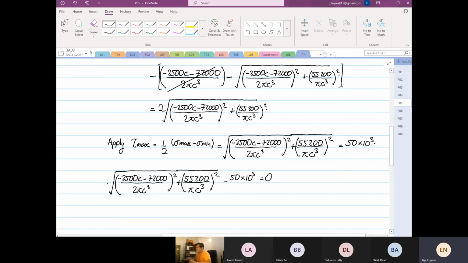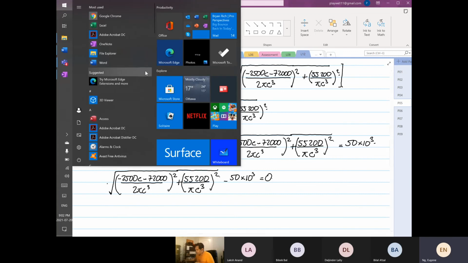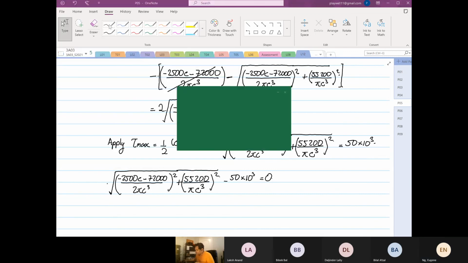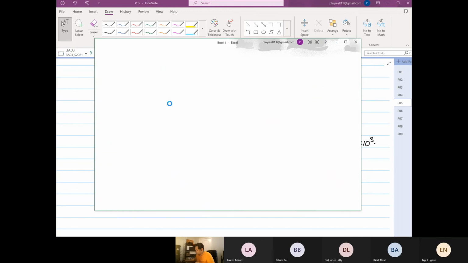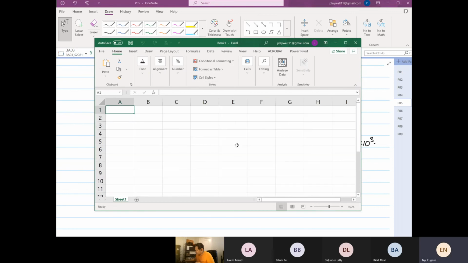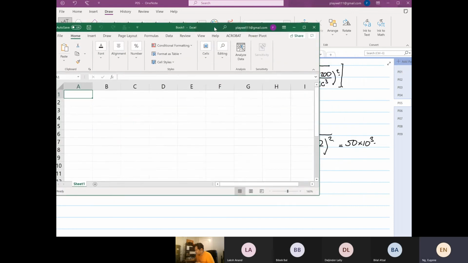I don't know whether you have all used Goal Seek, but that's what I'm going to use. I'm going to teach you a very simple program with Excel. So I'm going to trigger Excel now and magnify this really big.